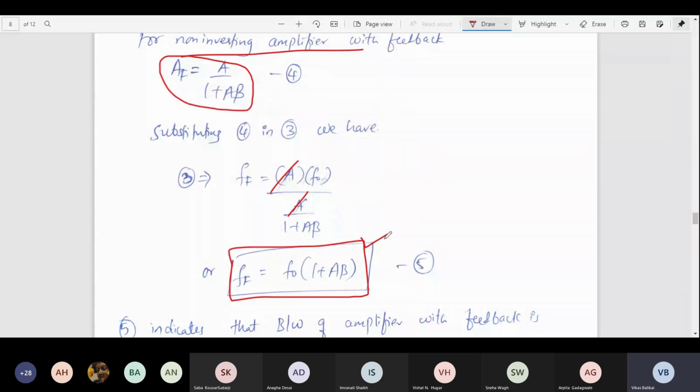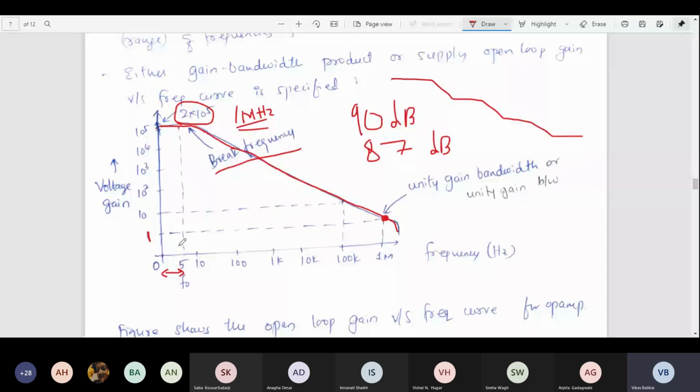And what does this indicate? Without feedback, my break frequency was just f0, and with feedback the same break frequency becomes f0 times 1 plus A beta. What is the interpretation? Look here. Without feedback I get f0 here, and with feedback it may come over here, because it is getting multiplied by the term 1 plus A beta.